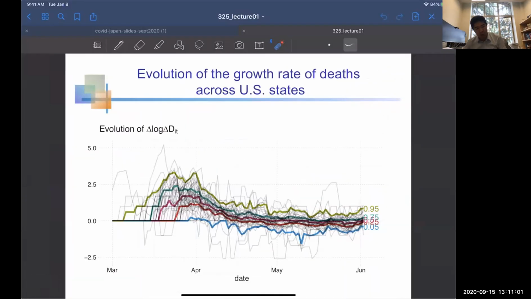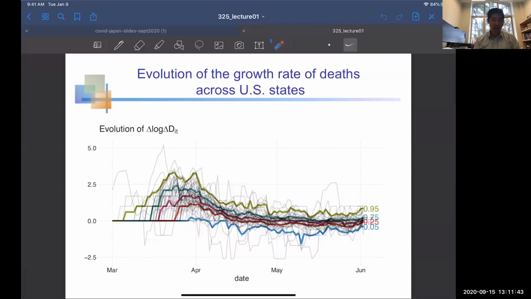You can do a little bit more complicated things by thinking about more complicated data. So this is the data about the evolution of the growth rate of deaths across US states. So there are like 51 states in the US. And at each point of the day, okay, so if you think about like April 1st, you got data about the growth rate of deaths due to COVID, weekly growth rate around April 1st.